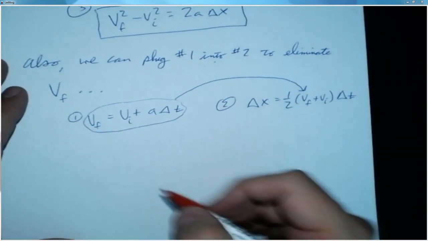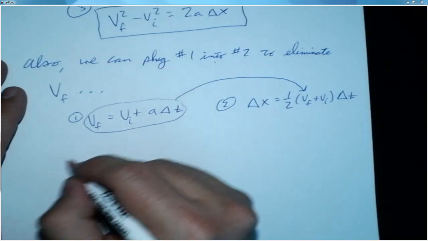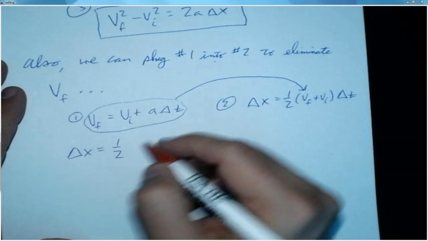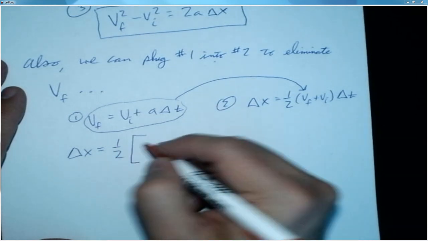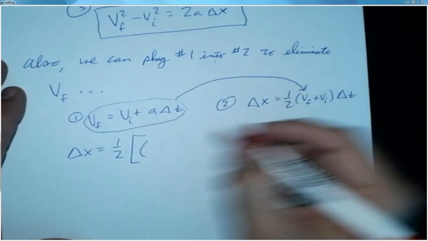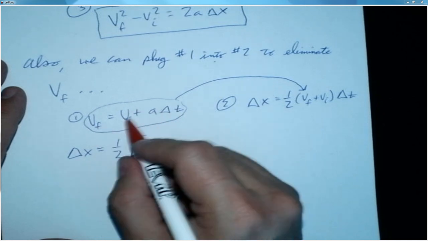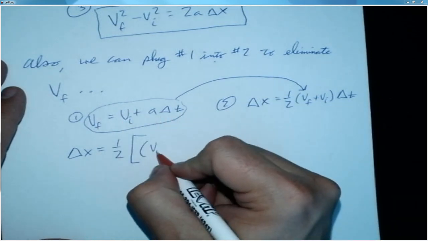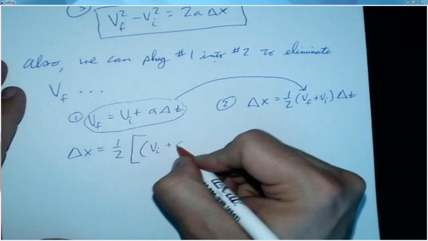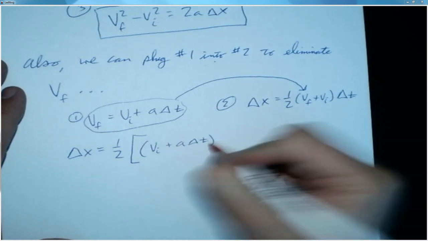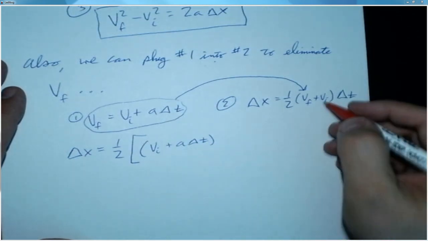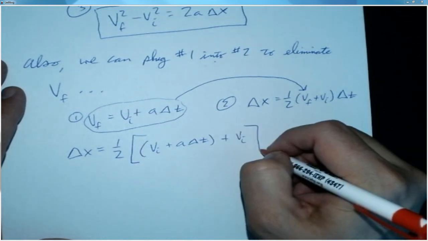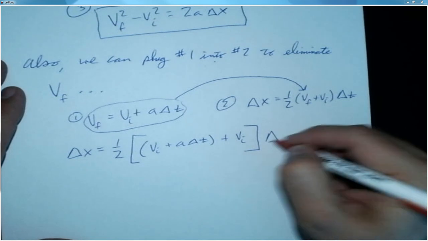We can eliminate VF. So what I've got is number 2 modified. Delta X is equal to 1/2. Now this time I do need brackets. So VF is the same as VI plus A delta T. So I'm going to put in VI plus A delta T, plus VI, times delta t.